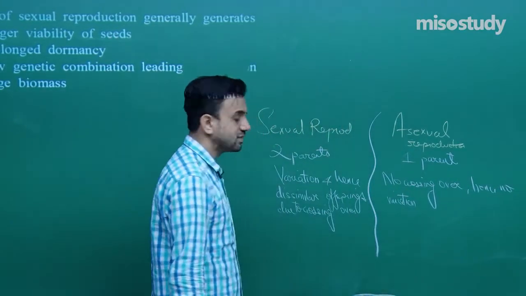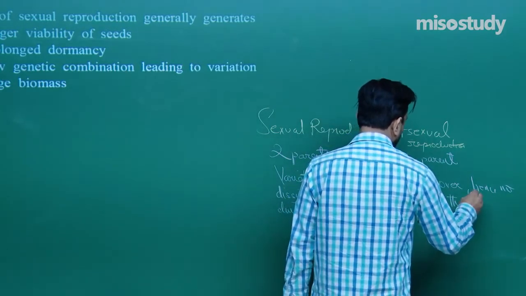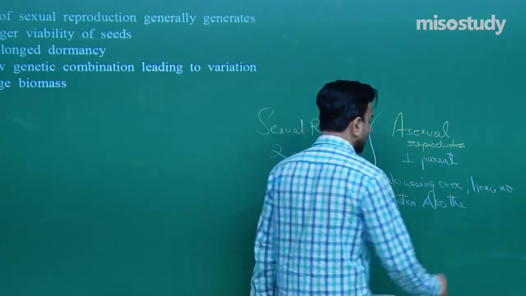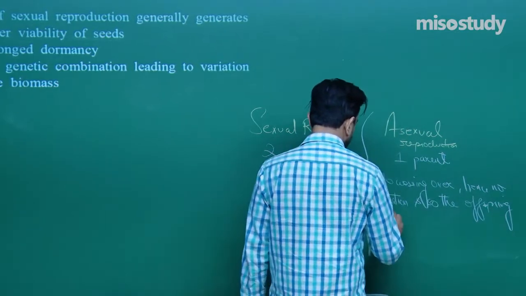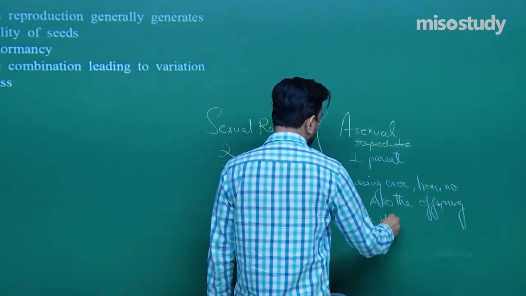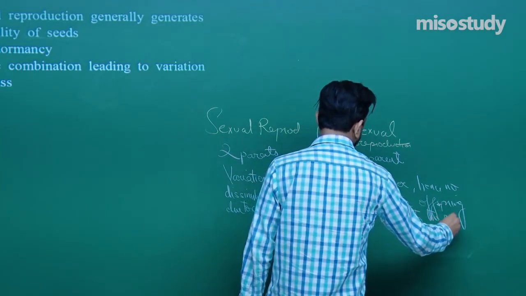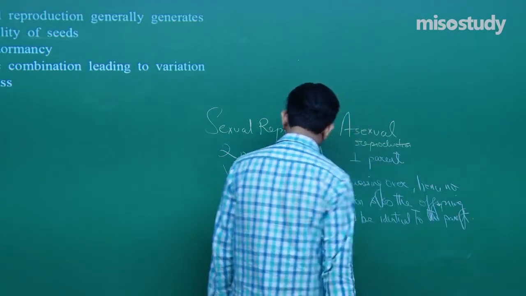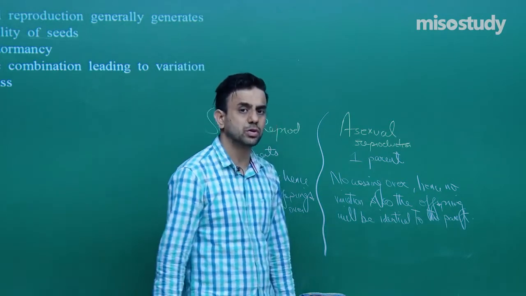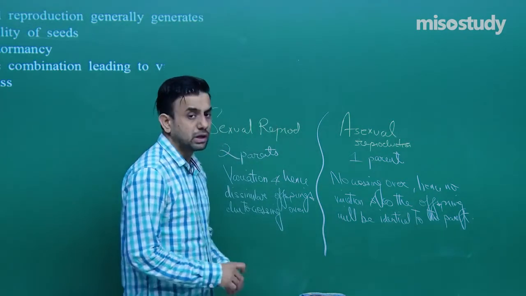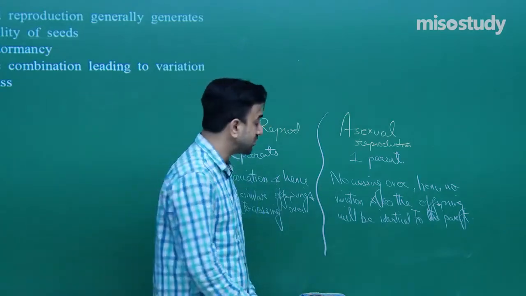No crossing over, hence no variation, so the offspring will be identical to the parent. In sexual reproduction there will be variations, no pure line, but in asexual reproduction the pure line is maintained.